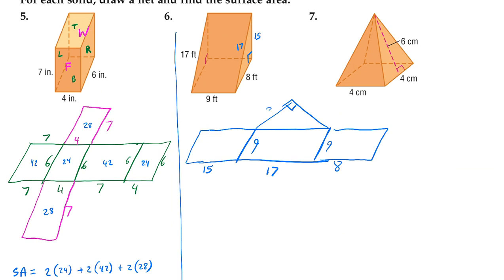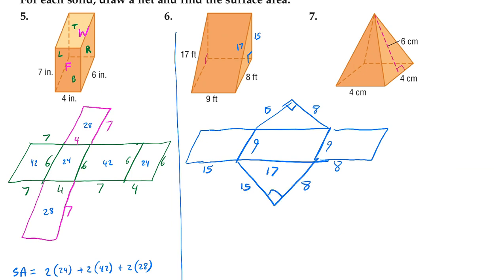There's a right angle, 8, oh wait, I got to match. That's not the right order. The 15 has to match this 15 that folds up. And then the 8 would match over here for the 8 flap that would come up. And then I would do the same thing on the bottom. So then I have the same right triangle here of 8 and 15.